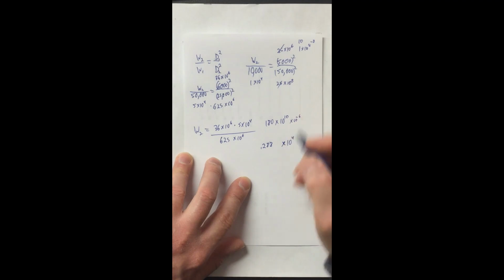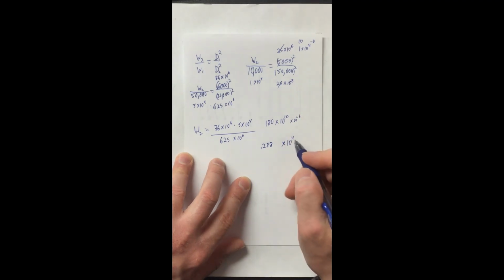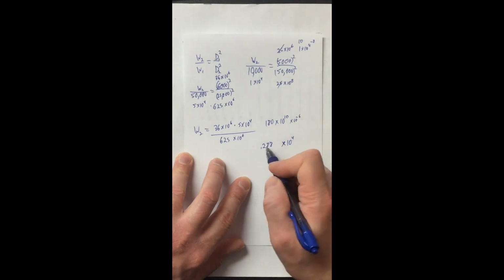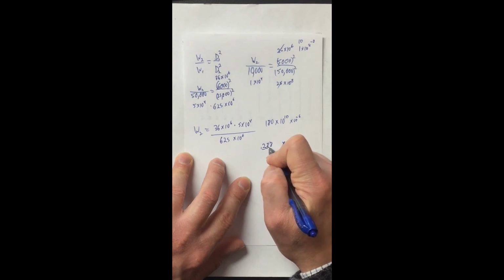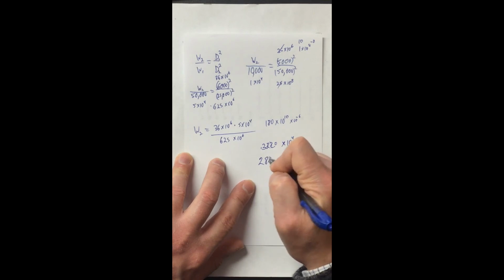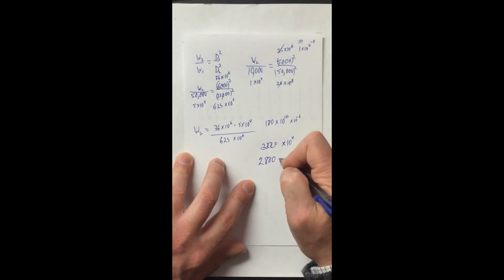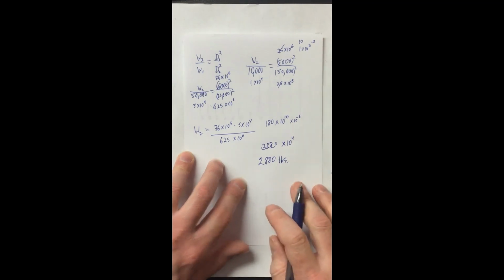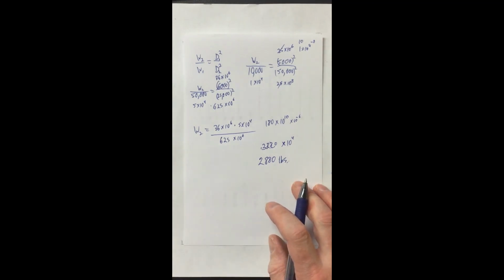So let's remove our scientific notation part, which means I'm going to move the decimal place 4 places. So 1, 2, 3, 4. And it looks like my answer is 2,880 pounds is what my new weight is going to be.